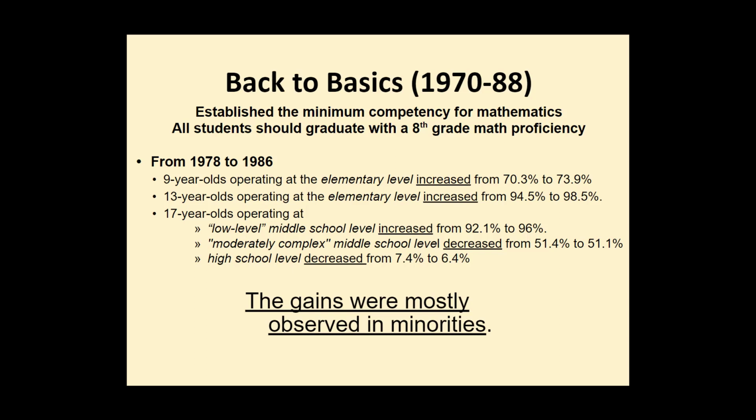From 1978 to 1986, several programs were evaluated that led to some interesting findings. Here are a few. When looking at the proportion of 9-year-olds operating at grade level, that percentage increased from about 70.3% to 73.9%. So pretty good increase.